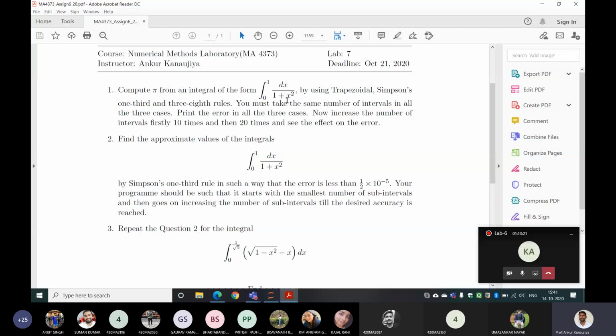Can you integrate by using Python? Pi by 4. So this value will be pi by 4. So whatever answer you get by trapezoidal, Simpson 1/3 or Simpson 3 by 8 rule, if you multiply that answer by 4, you will get the value of pi. Yes or no?